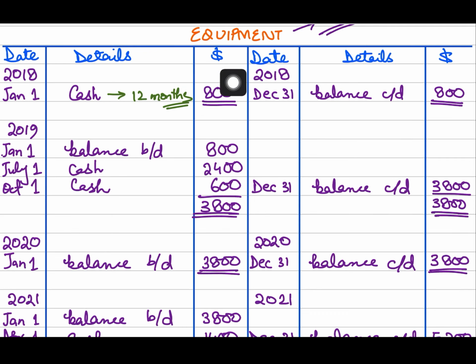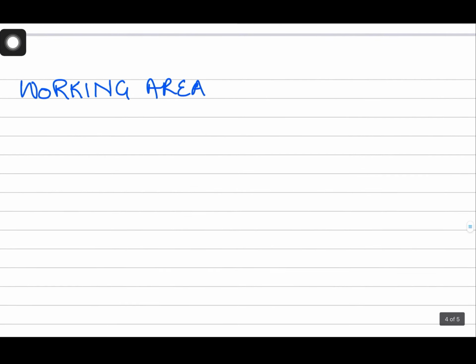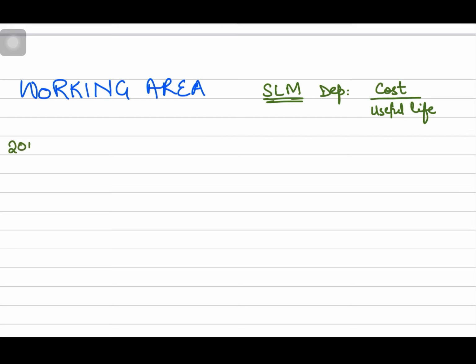So, how will we charge this? Cost divided by the useful life. Okay, so this is my working area. I know that if I am following the straight line method, then how do we calculate depreciation if the residual value of the asset is not given? So, depreciation will be calculated by cost divided by the useful life, right, estimated useful life. The first year is 2018, right. Let us name it equipment 1.